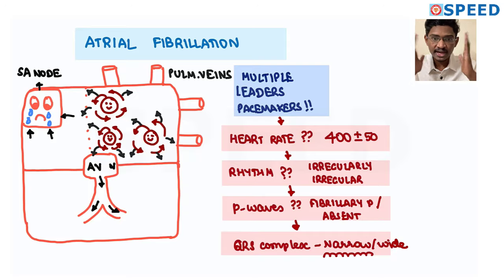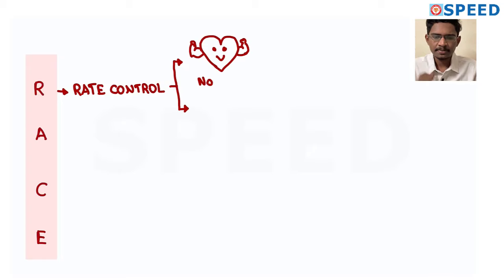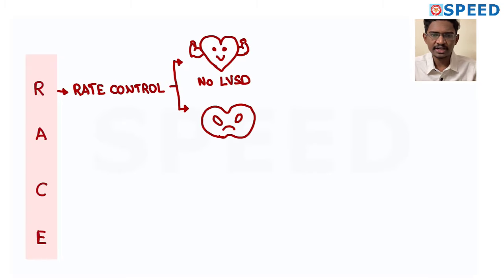So these are the characteristic findings of atrial fibrillation: irregular rhythm. Next, in JVP it won't have any A wave because the atrium is not effectively contracting, atrial kicks are not happening.